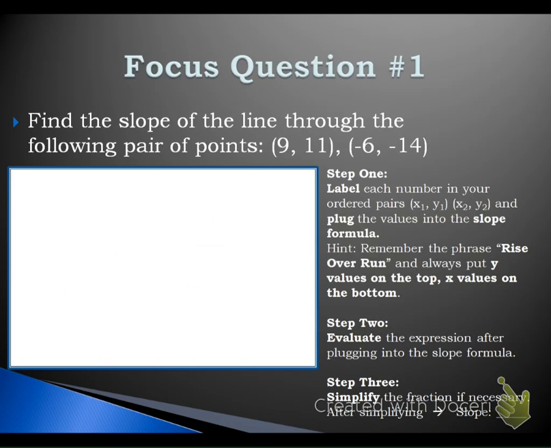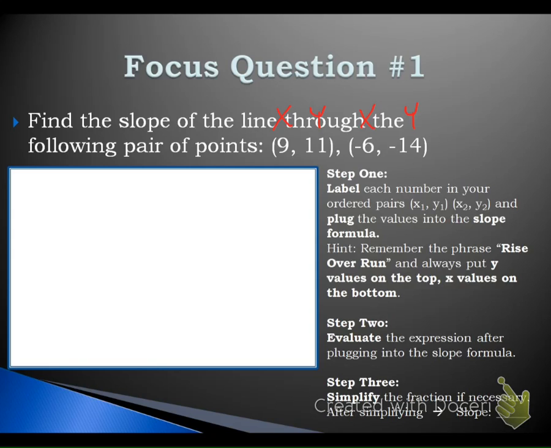So let's take a look at a couple of ordered pairs here. Let's look at our x values. Are our x values the same? 9 and negative 6? No. By the way, do you remember what I mean when I say x values? Every coordinate has an x value and a y value.